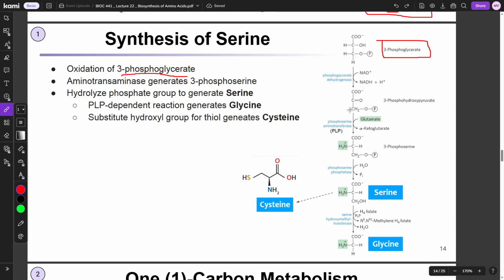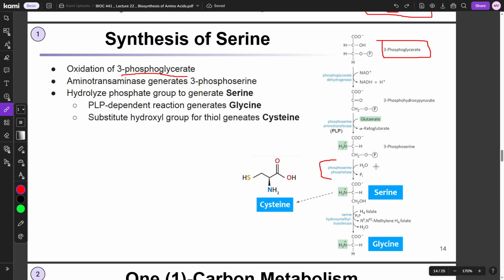We take a glutamate, and we use PLP, so a phosphoserine aminotransferase, and we switch out this group here for an amine group. So now we have 3-phosphoserine, and you can see that this is literally just serine, except we have a phosphate group on here. So now we just use a phosphatase, phosphoserine phosphatase, and then we have serine.